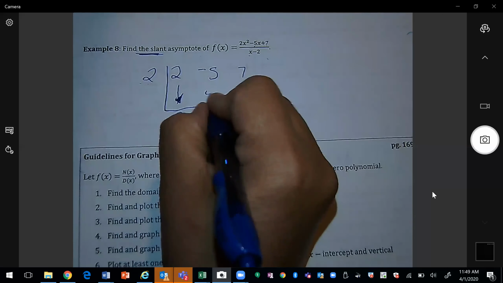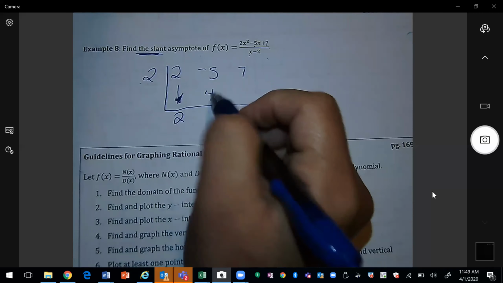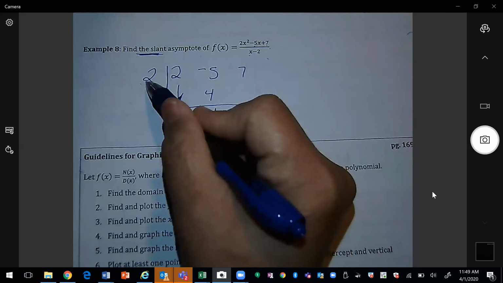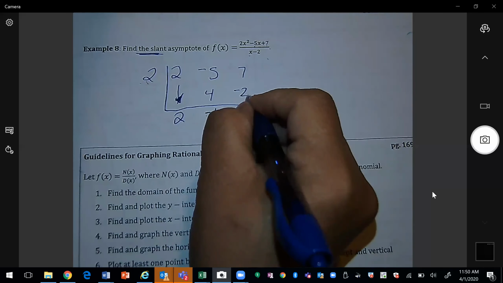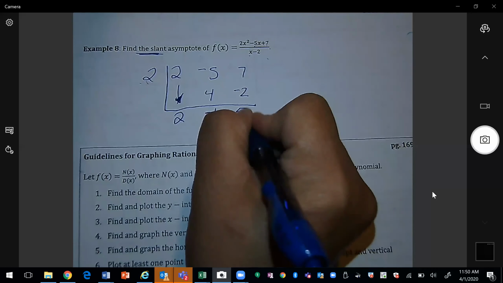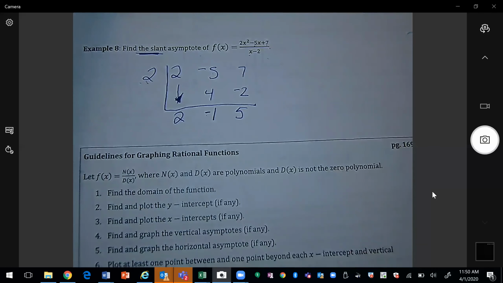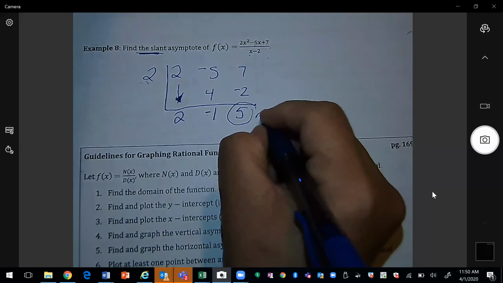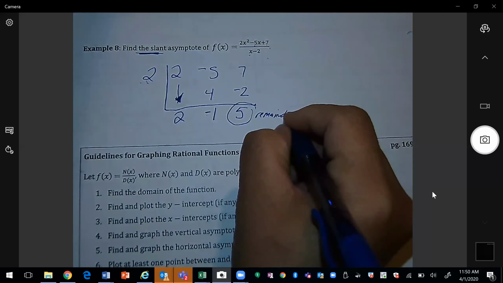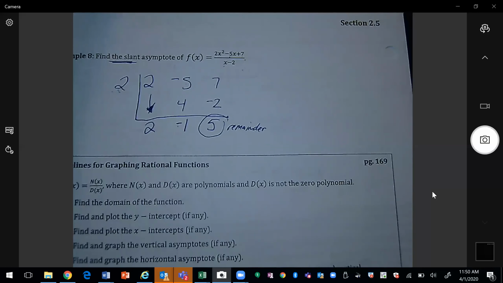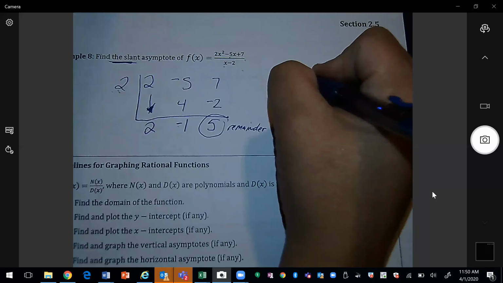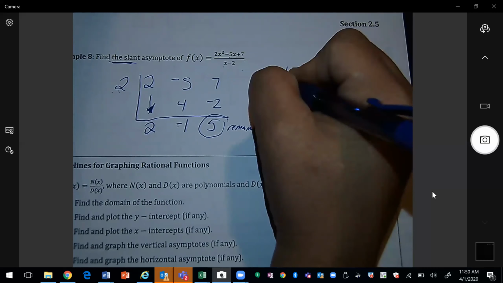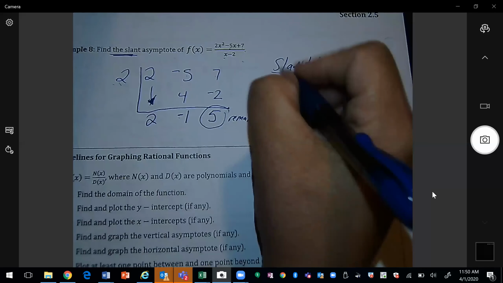2 times 2 is 4. -5 plus 4 is -1. 2 times -1 is -2. 7 plus -2 is 5. Okay, so remember that the last number represents your remainder. And what we want here is the slant asymptote, which is going to be whatever our quotient is.